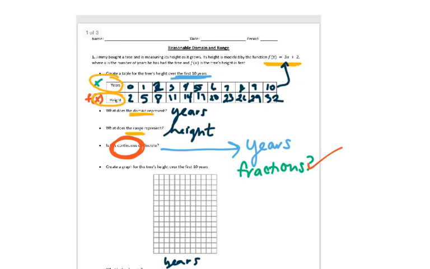So we can count, let's see, 3, 6, 9, 12, 15, 18, 21, 24. Yeah, that's plenty. Okay, so my y values, I'm going to count by 3s, so that way they'll all fit. Okay, and I would keep going all the way up until we got to 32.